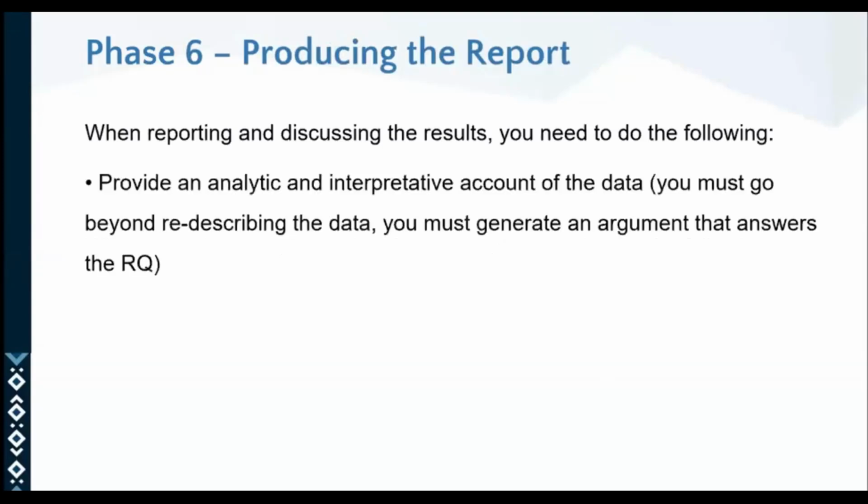And so when we are reporting and presenting the results, we need to do the following. We have to provide an analytic and interpretative account of the data. So you must go beyond just re-describing the data and saying exactly what the participant said. You have to give meaning to the data, and you must generate an argument that answers your research question.